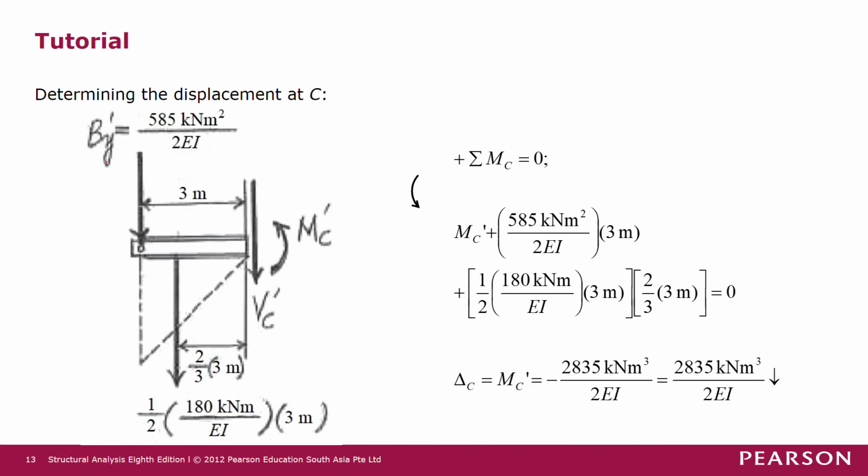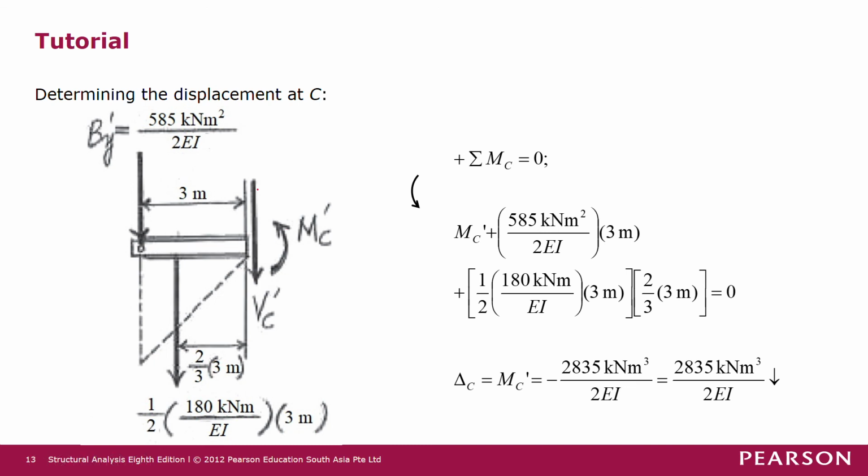So from the other side, we have got upward By prime. So the By prime on this side of the free body diagram has to be opposite of the By prime in the other free body diagram, because they are complementary forces, so that when they are joined together, both of them will cancel off each other. But the magnitude is the same, so here we have a downward By prime force.